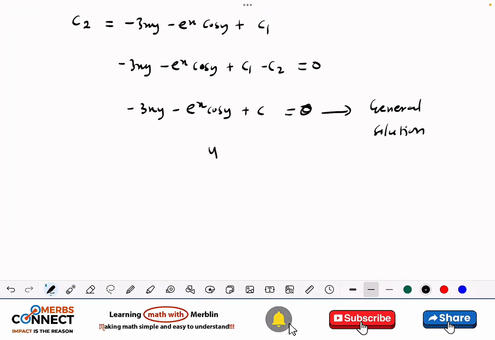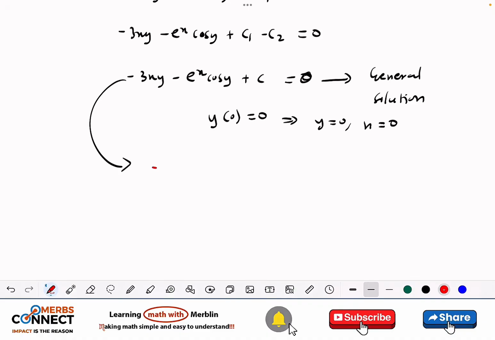Now we know that y of 0 is equal to 0. This implies that y is 0 and x is 0. So now let's go from this one. We are going to have minus 3 times 0 times 0 minus e to the power 0 cos of 0 plus c is equal to 0.